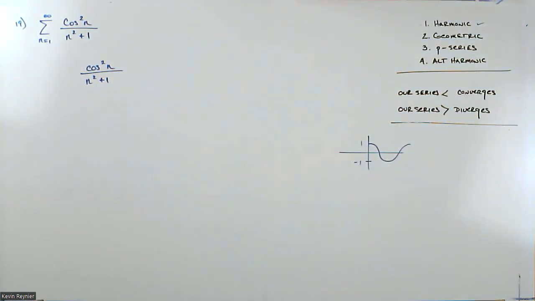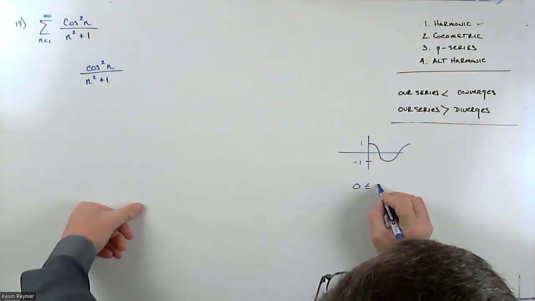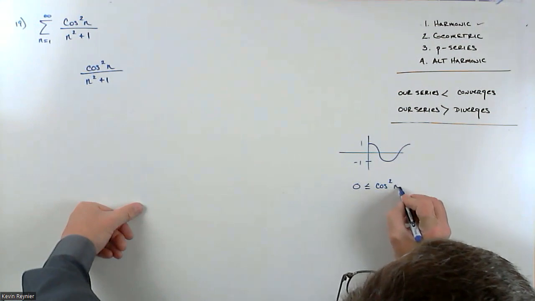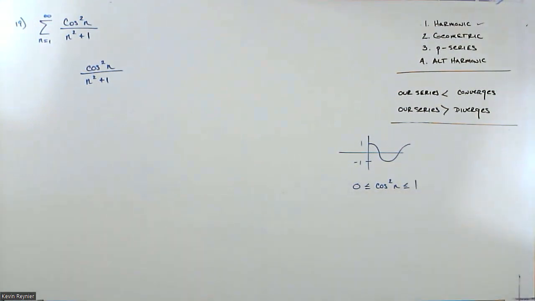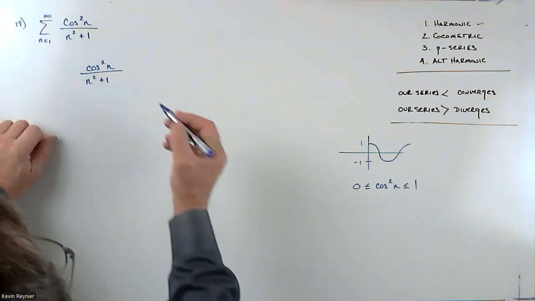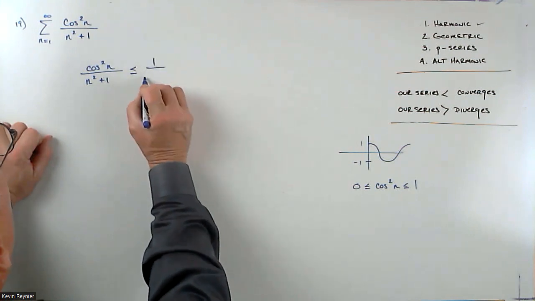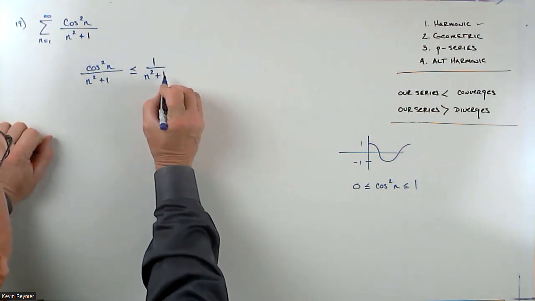But when we square it, cosine squared lives between 0 and 1. So this could be 0. It could be somebody like a half. It could be somebody smaller than 1. So this is always less than or equal to 1 over n squared plus 1.